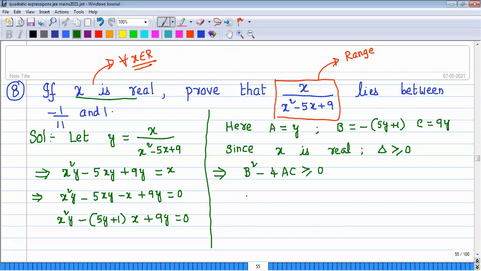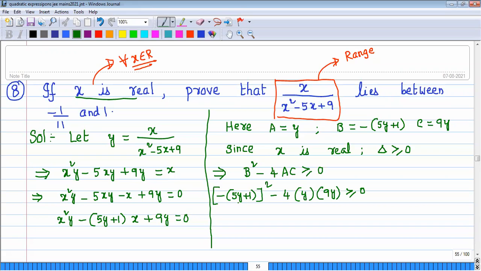Let us substitute. So negative (5y plus 1) whole square minus 4 times a is 1, c is 9y, greater than or equal to 0.